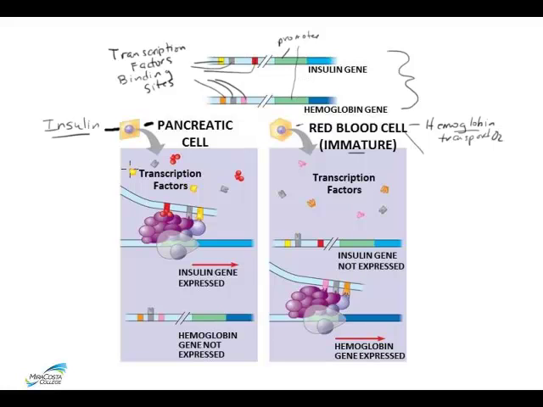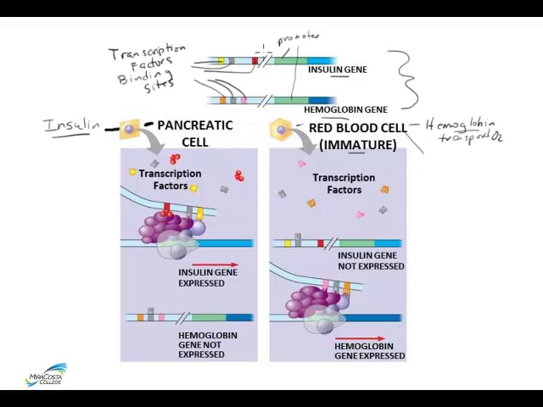And so the insulin gene has a particular set of transcription factor binding sites. The hemoglobin gene has a particular set of transcription factor binding sites, and those are responsible for the appropriate expression of those genes. And by appropriate expression of those genes, of course, I mean that regulate hemoglobin in such a way that it's expressed in red blood cells but not in pancreatic cells, and that regulate the insulin gene such that it's expressed in pancreatic cells but not red blood cells, right?